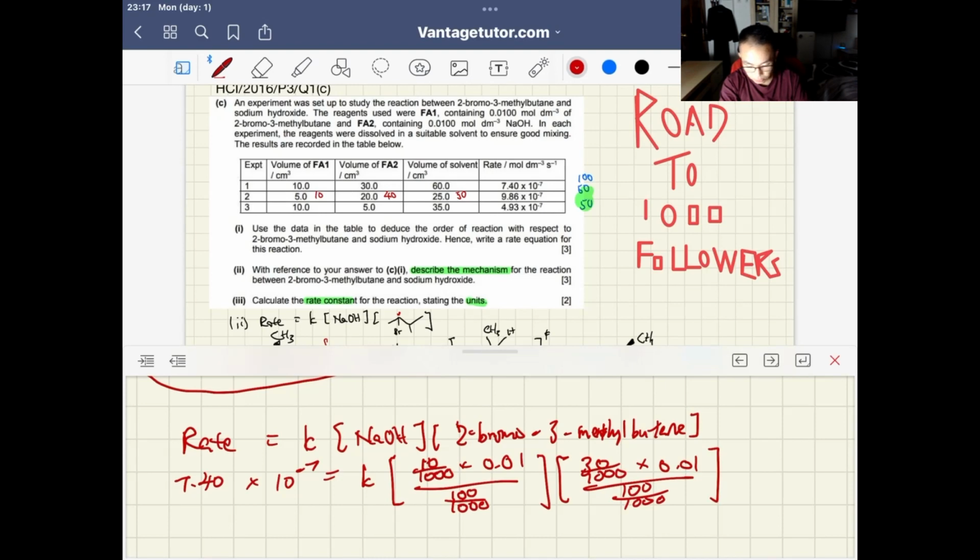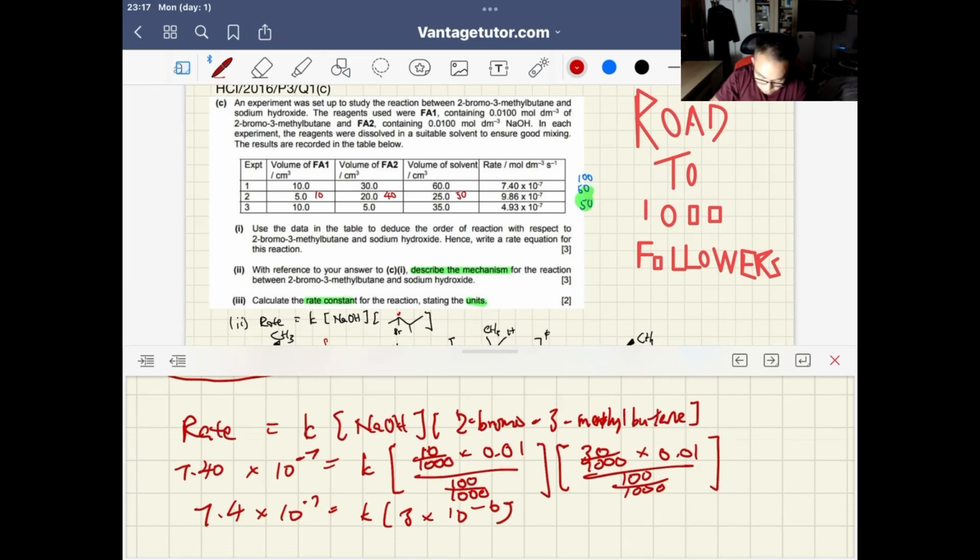You should get something like 10 divided by 1000 times 0.01 times 30 divided by 1000 times 0.01 divided by 100 divided by 1000, squared. So this should give you 7.4 times 10 to the power -7 equals to k times 3.3 times 10 to the power negative 6.